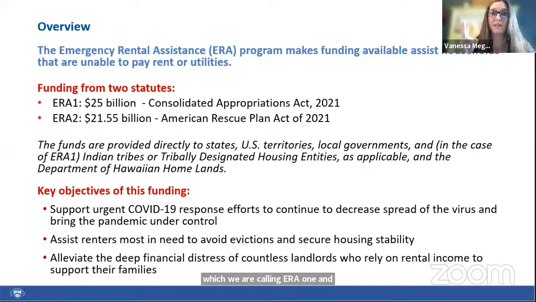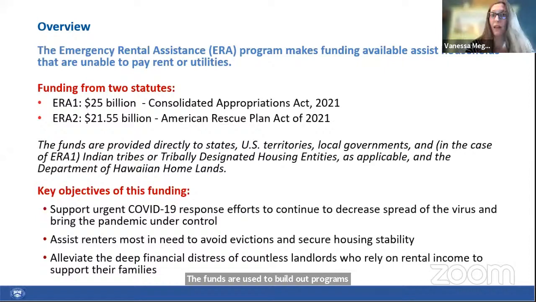There are slight differences between ERA 1 and ERA 2, but by and large, the funds are provided directly to states, U.S. territories, local governments, so city and counties, and in the case of ERA 1, to Indian tribes or tribally designated housing entities, as well as the Department of Hawaiian Homelands. And the funds then are used to build out programs at the more local level.